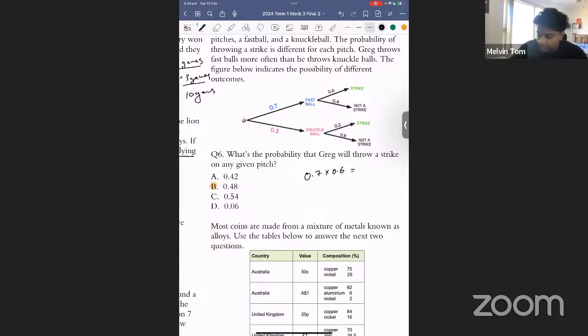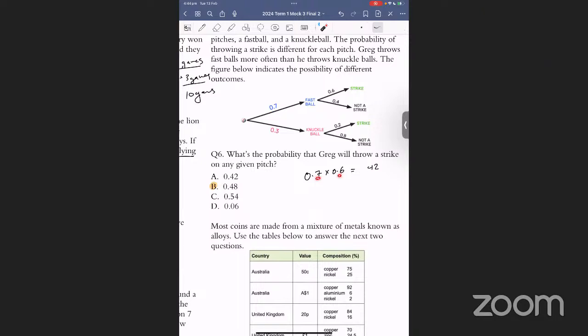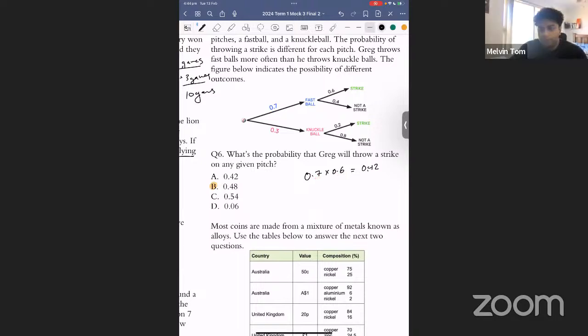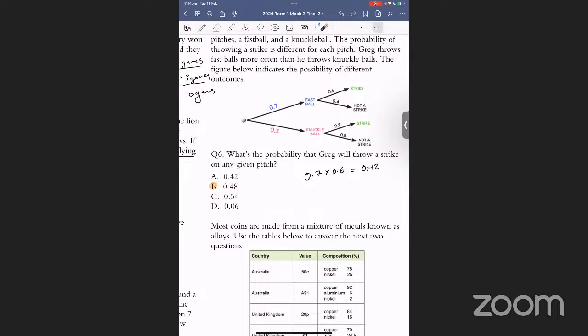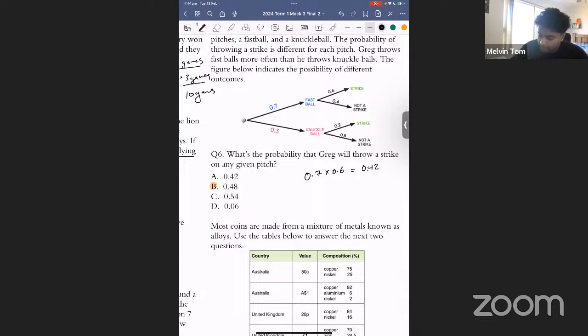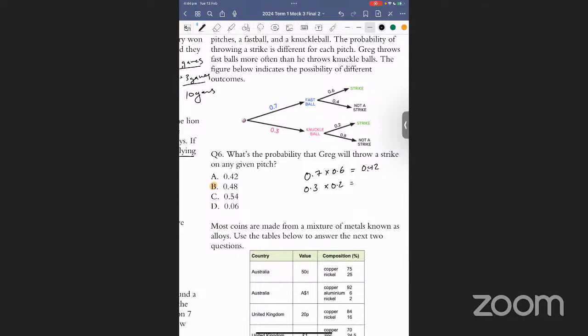What's 7 times 6? 42. And how many numbers after the decimal point? 2. Good. So we have 2 numbers after the decimal point. So 0.42. Do you guys understand? Then the probability of throwing a knuckleball and throwing a strike is 0.3 multiplied by 0.2, which is equal to what? What's 3 times 2? 0.6.